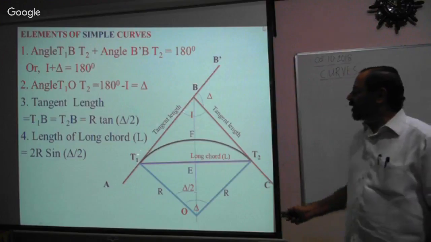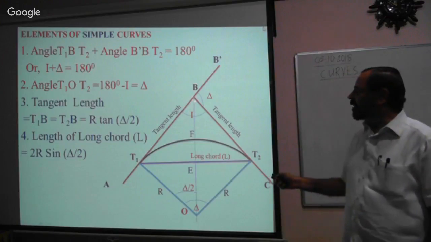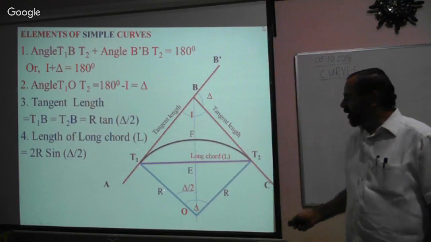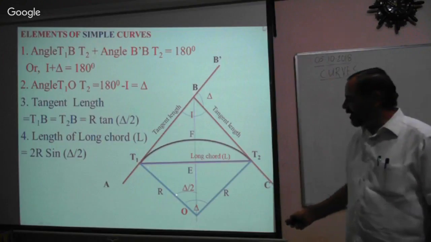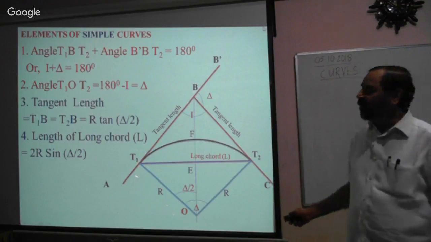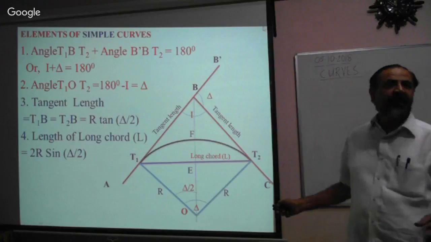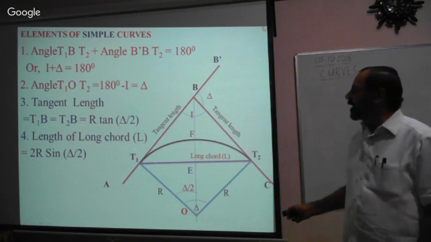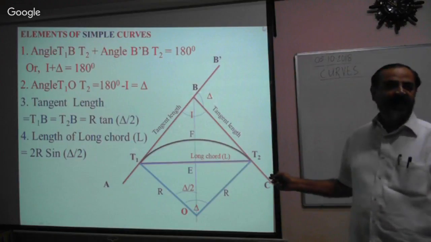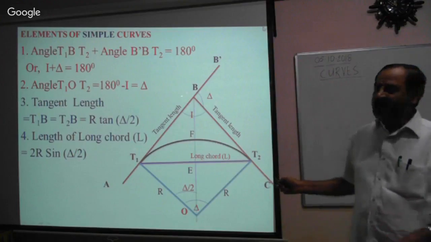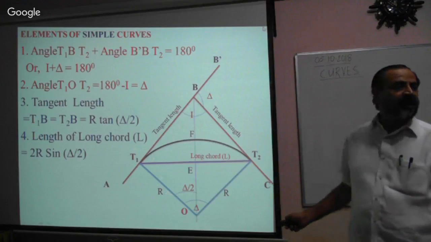And we know how to calculate the tangent length. To calculate the tangent length, please resolve or analyze this triangle, that is B T1 O. If you analyze the triangle, we are able to calculate the tangent length. Because the deflection angle is decided by the engineer, he knows it, and the radius is decided by the engineer, isn't it?